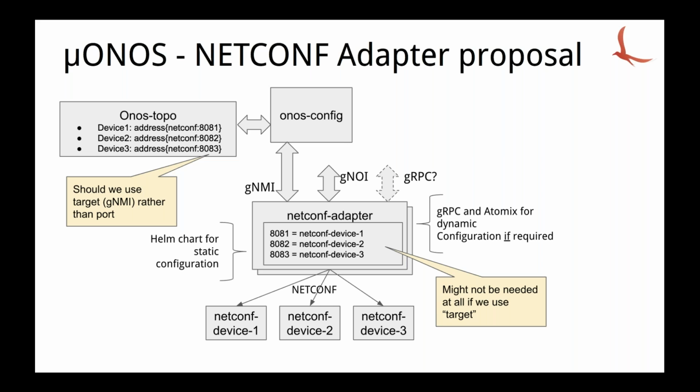Maybe it's a bit ludicrous talking about a port per device. On the other hand, they might all have the same port but a different target. Then when ONOS config sends down a gNMI command, it would send it to the NetConf adapter's main port with a target set so that the adapter knows which device to send it to.